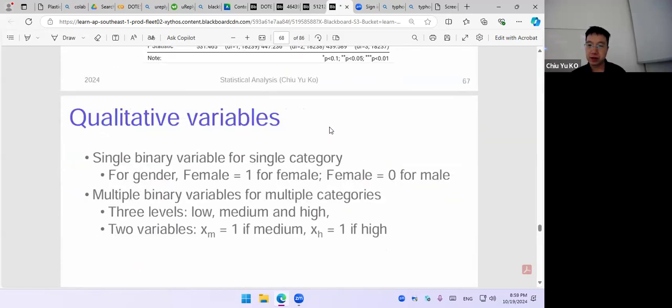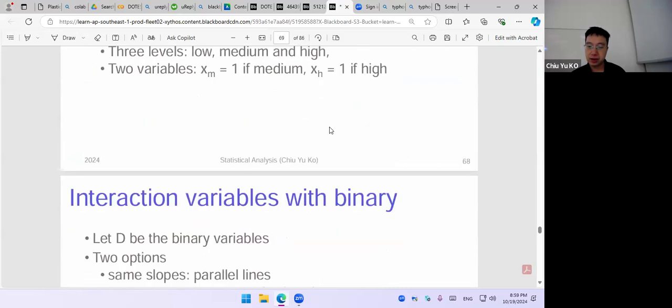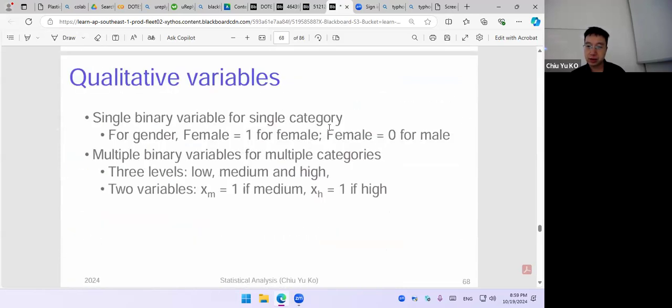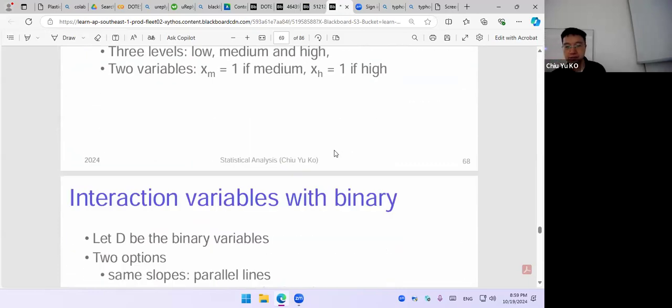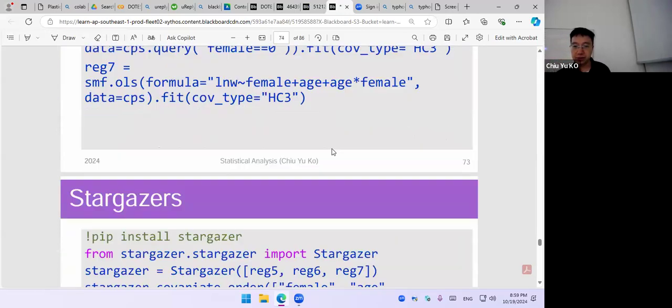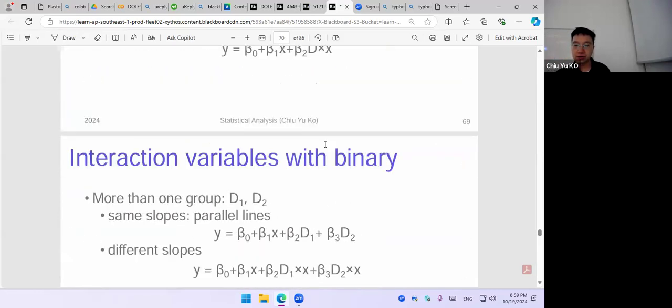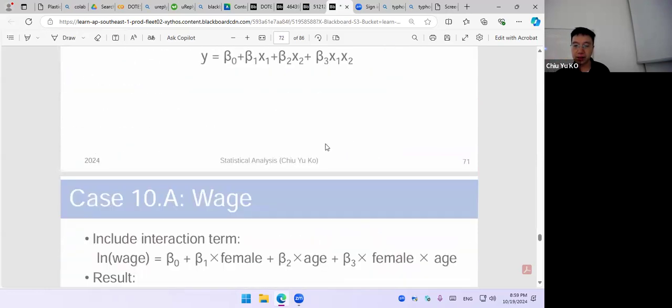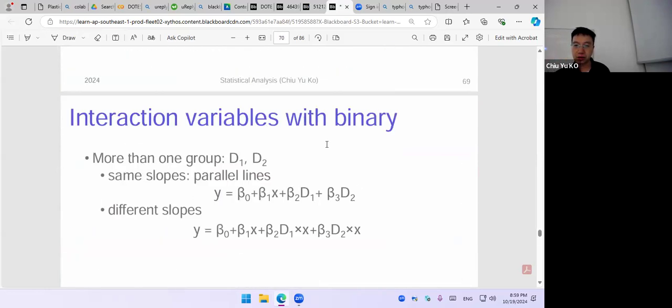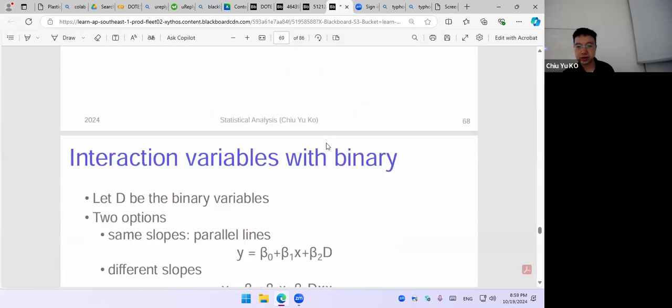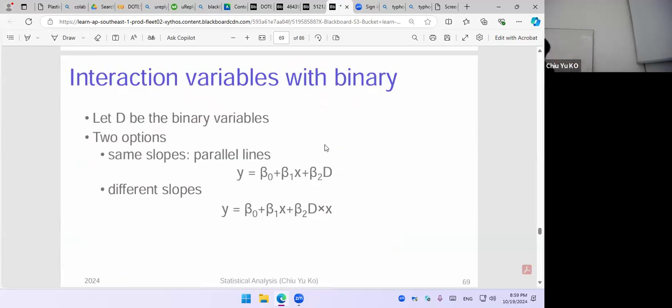Now we want to have some more fun, which is to talk about categorical data. Do I have the example here? No, I don't. But I think what I want to do is to talk about what we call the interaction variable.